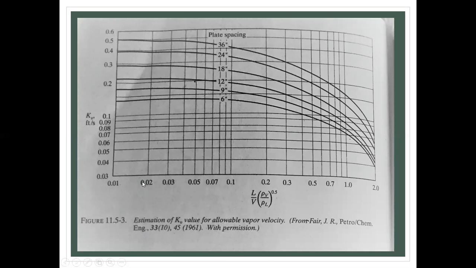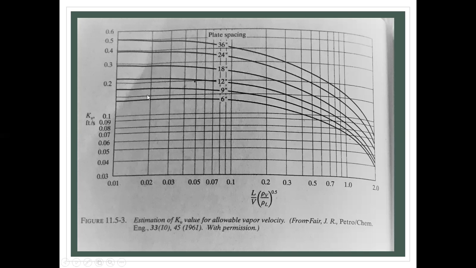Again, look for its equivalent in your handbook. You have in the abscissa here L over V times rho V over rho L raised to 0.5, and that's the square root of the ratio of the two. You need the tray spacing, so the problem has to give you the tray spacing. Using the value computed for the abscissa, you go up, project until you are on the right curve for the tray spacing stipulated in the problem.